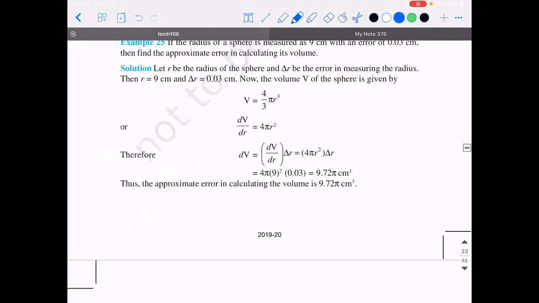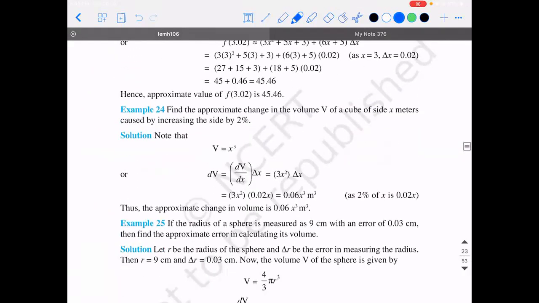Next. The last set of problems is statement problems. Find the approximate change in the volume of a cube of side x meters caused by increasing the side by 2%.